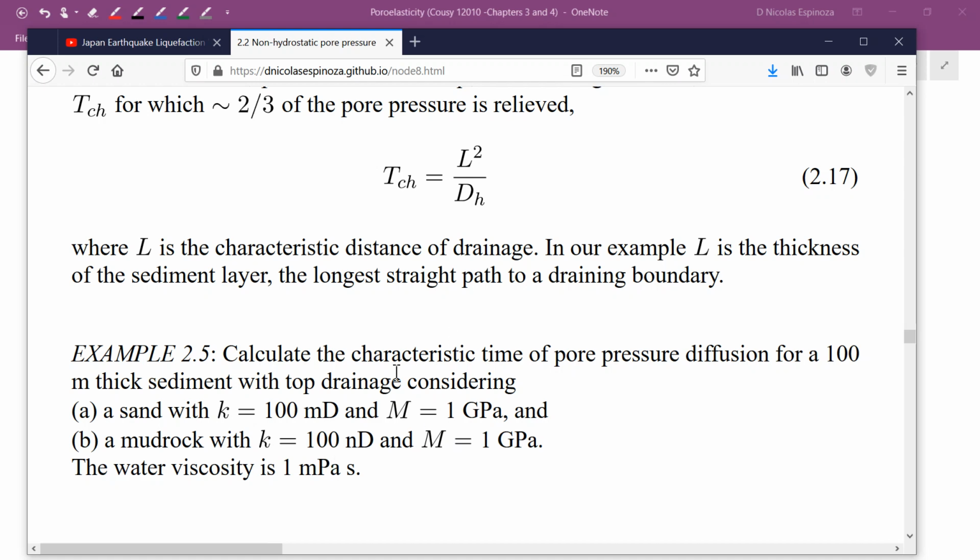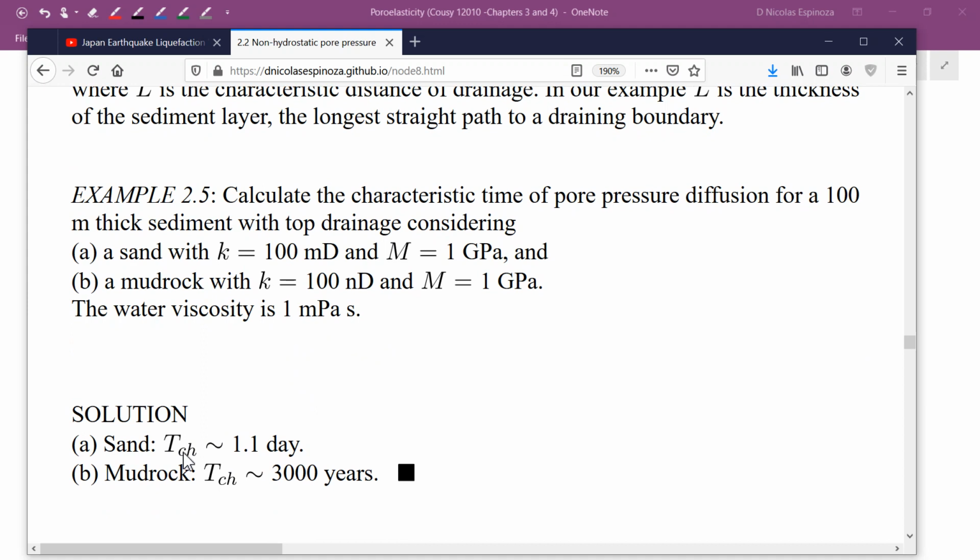What would be the characteristic time for pore pressure diffusion for a 100-meter thick sediment, just with top drainage and with the typical permeability of a fine sand and its compressibility, and a typical mud rock with a very low permeability and similar compressibility considering water? If you do the numbers, you're going to find out that for sand, the characteristic time of pore pressure diffusion is about 1 day for this 100-meter thick column, while for the mud rock, it's 3,000 years.